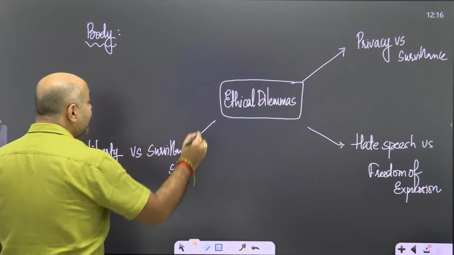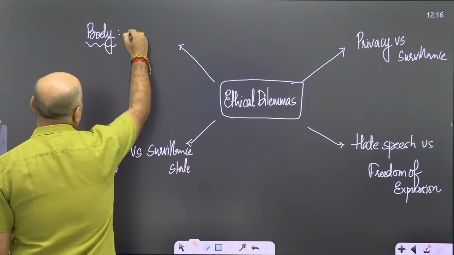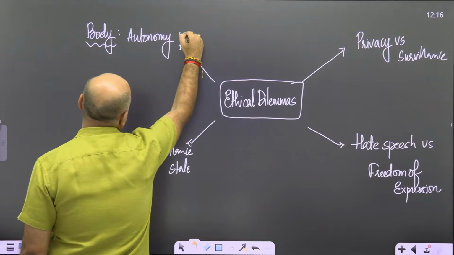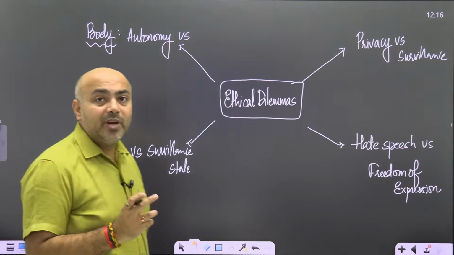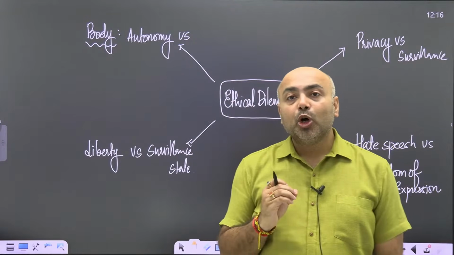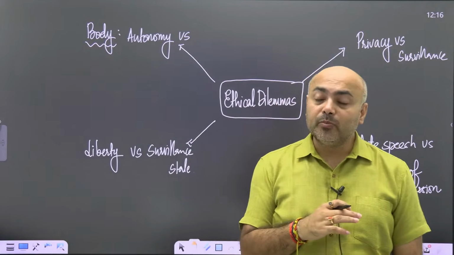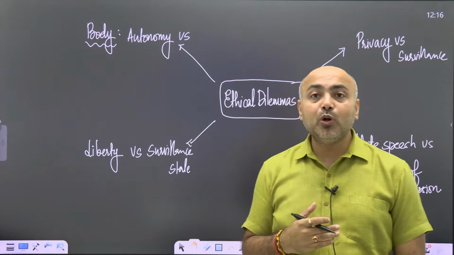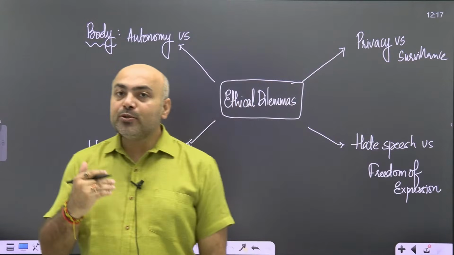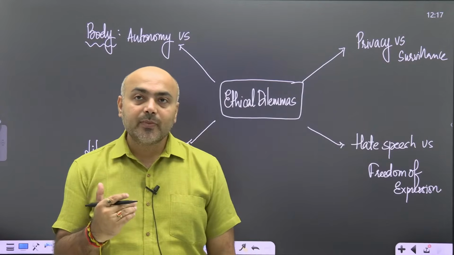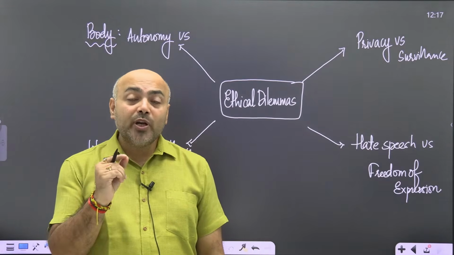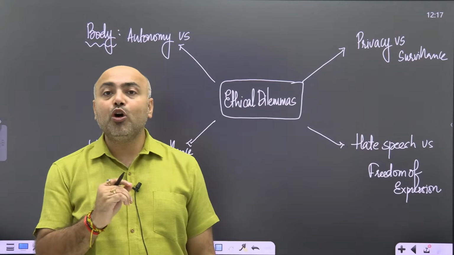Okay, similarly, one issue with social media is autonomy. And why am I talking about autonomy? Because when we are exposed to social media content, the algorithms possibly deny us autonomy.